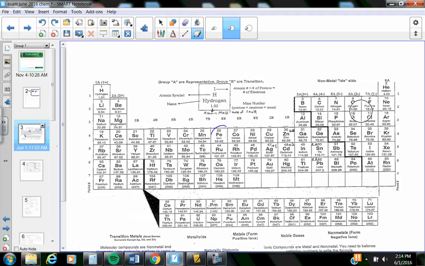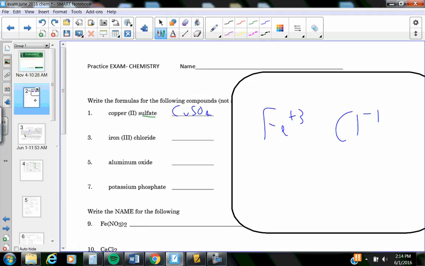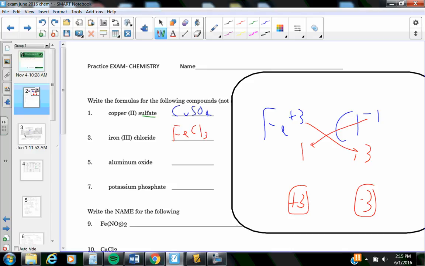This is not a match made in heaven. If we have a +3 but a -1, it's going to take 3 -1s to balance off just 1 +3. Net charge of a +3 over here, net charge of a -3 over here. FeCl3.